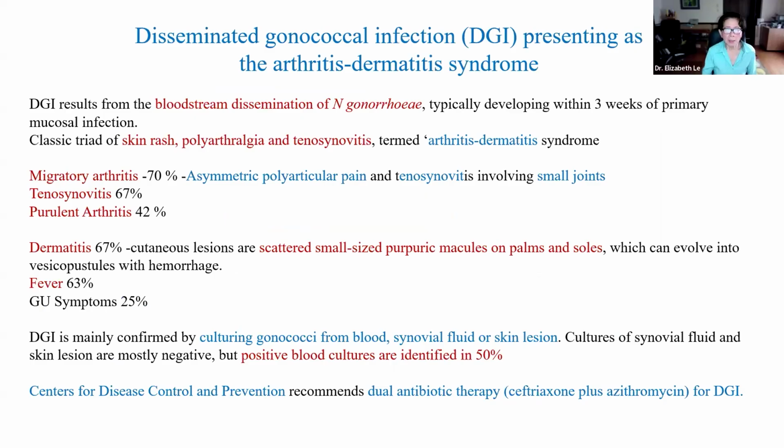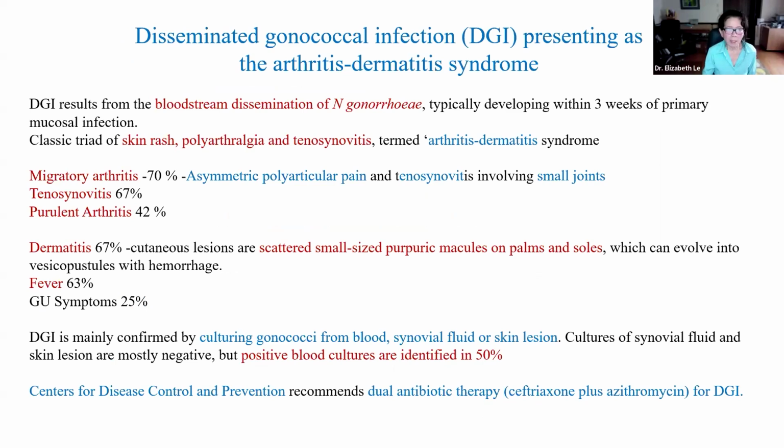Disseminated gonococcal infection, DGI, presenting as the arthritis-dermatitis syndrome. DGI results from bloodstream dissemination of Neisseria gonorrhoeae, typically developing within 3 weeks of primary mucosal infection.